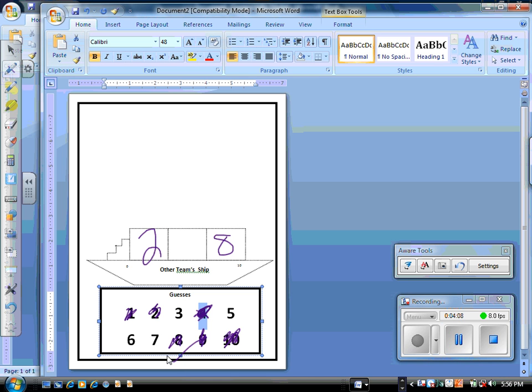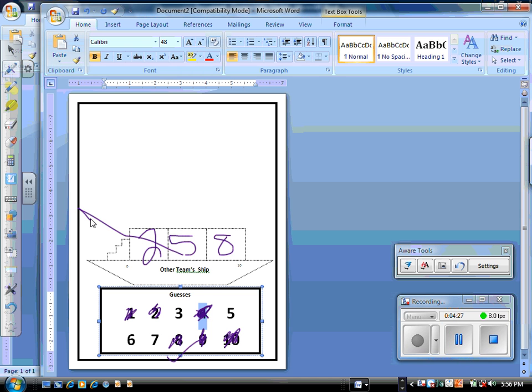So now she's going to guess, and she knows that the number has got to be bigger than 2 and smaller than 8. So she looks down there and she says, 5. And I say, ah, hit. You sank my battleship.